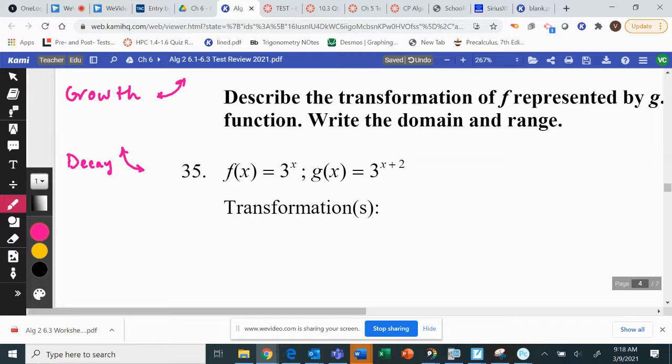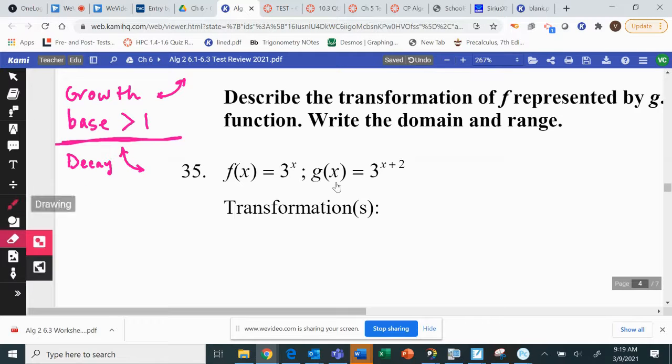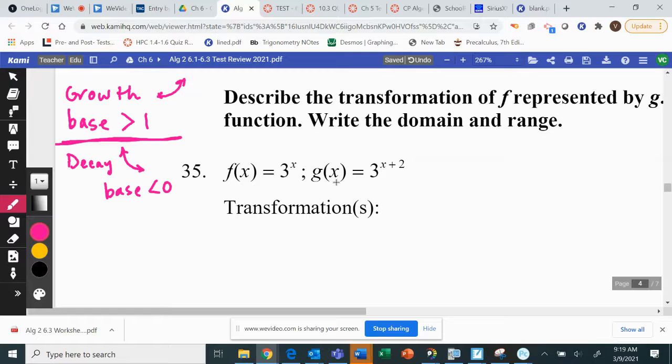You're going to look at the base. And if the base is greater than 1, then it's going to grow. If the base is less than 1 but greater than 0, some fraction between 0 and 1, then it's going to be a decay.